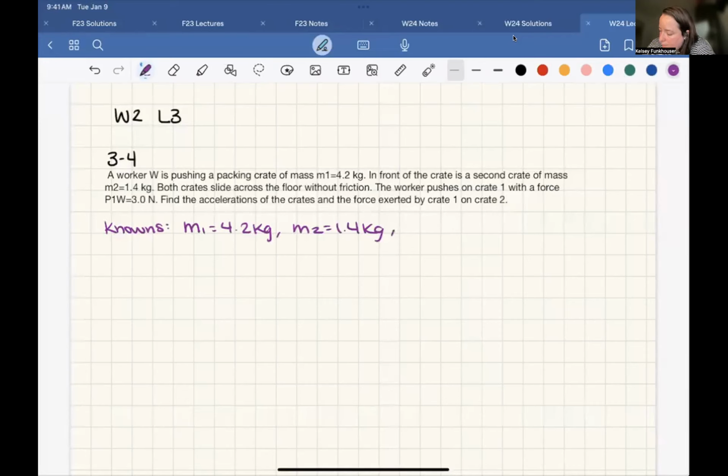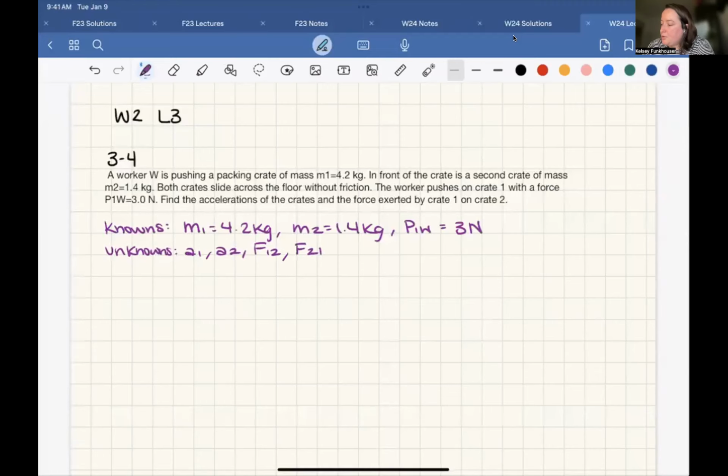And the force of the push, which is given by P1W, is 3 newtons. I think that's all that we know. Let's list some unknowns. We don't know acceleration 1 or acceleration 2. We don't know the force on 1/2 or the force on 2/1.